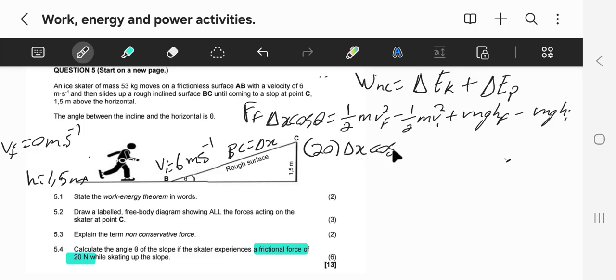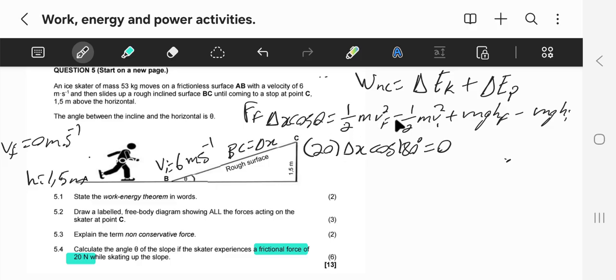Then we have cos theta. What is our theta in this case? Well, our theta has to be 180 because this work is being done by the force of friction. Thus, our theta will be 180 degrees. And then what is our final velocity? Well, our final velocity when the object gets to point C is going to be 0. I'm just going to write 0 there because I don't have space to substitute.